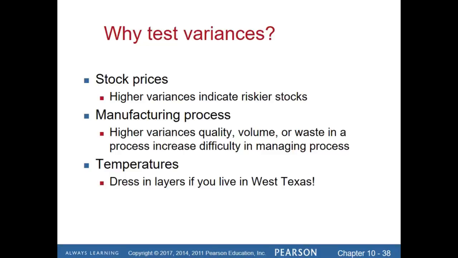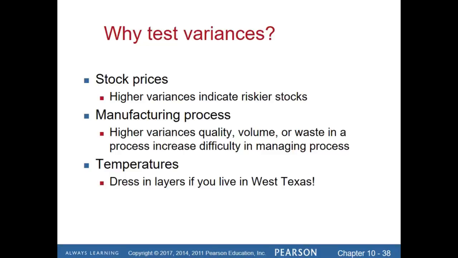Another good example is in manufacturing. When you're doing manufacturing, you want to be able to predict what kind of output you're going to get from a manufacturing process, what kind of quality you're going to get, how much waste you're going to generate. A lot of different things you might want to account for or predict to help plan your process, make sure you can meet demand, those kinds of things.